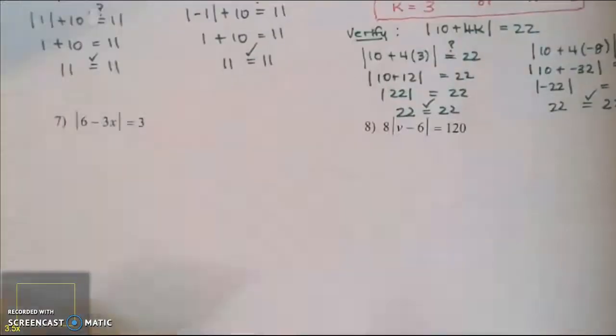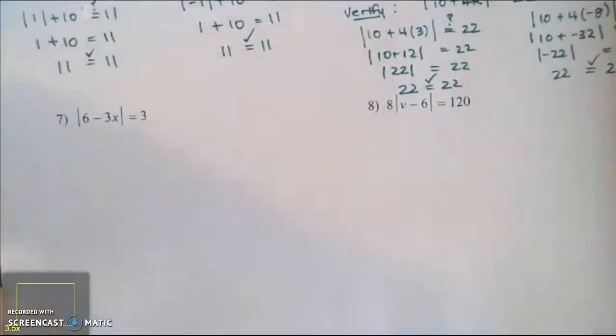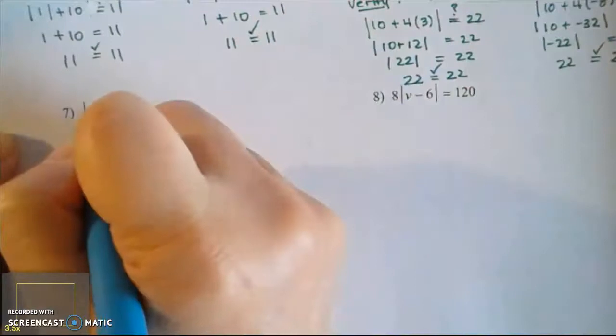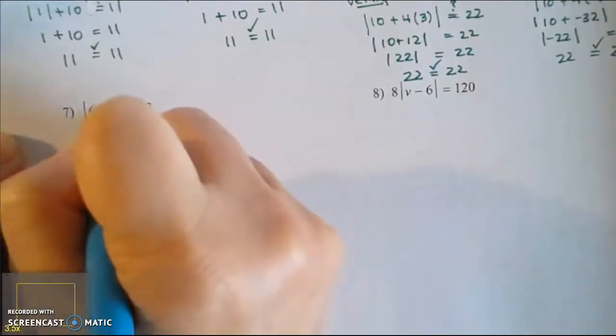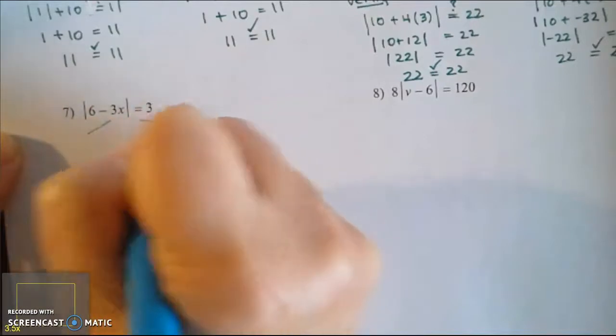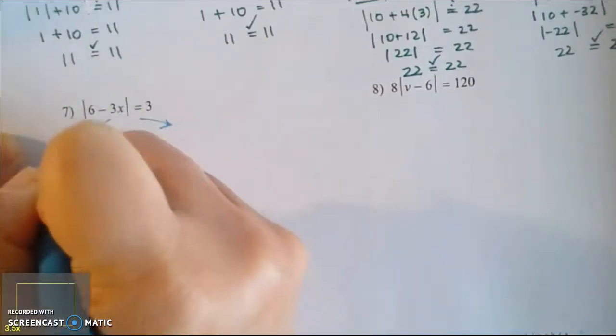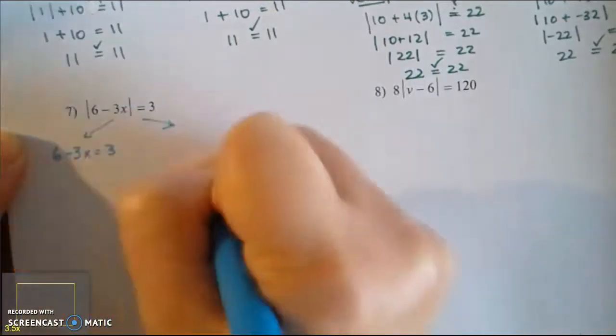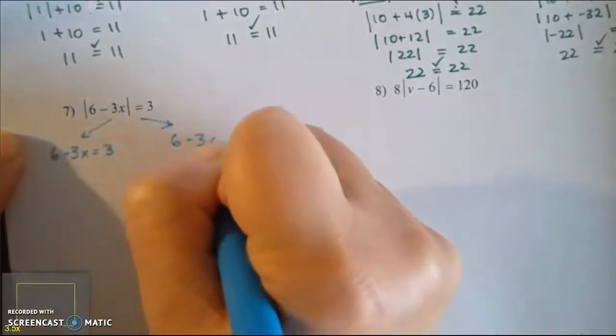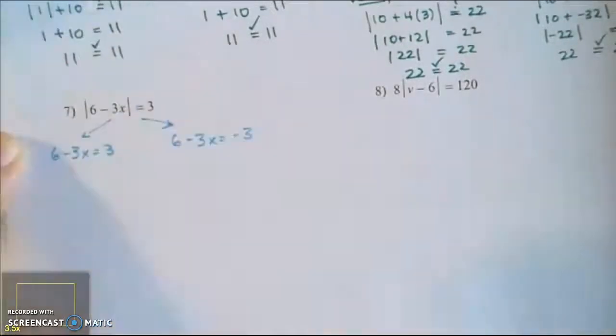Okay, so then let's keep going. The absolute value of negative 6 minus 3x is equal to 3. So what's inside could be positive 3 or negative 3. So negative 6 minus 3x could be positive 3, or negative 6 minus 3x could be negative 3.